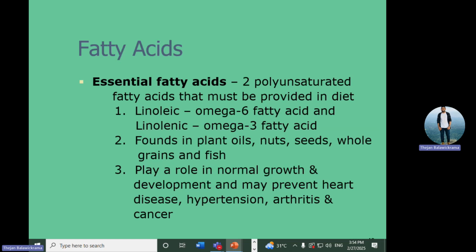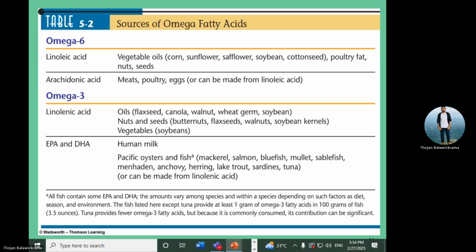We definitely have to take them from outside. If we don't eat stuff which contains omega-3, omega-6, we have to depend on supplements. Those are the essential fatty acids. If we take from natural sources, omega-6 and omega-3, those are the ones.